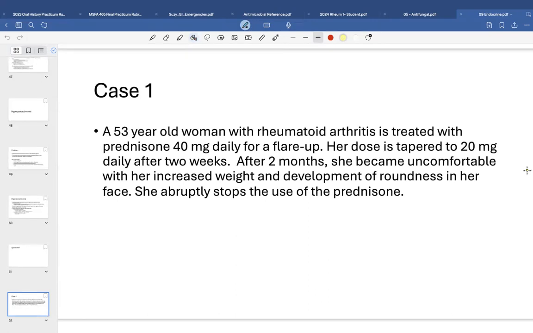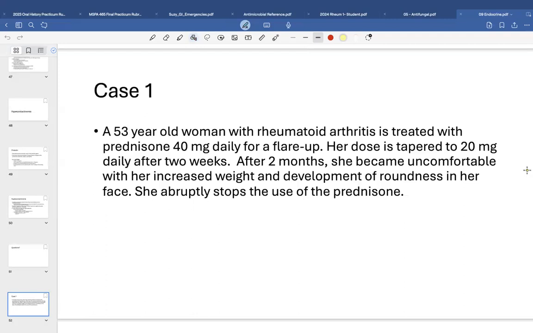She abruptly stops the prednisone. What can happen when you abruptly stop prednisone after several weeks of treatment? An adrenal crisis. Really, if she was working with a well-trained provider, she would have been given the opportunity to taper that dose of drug.